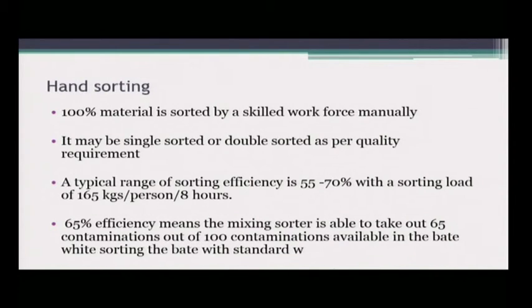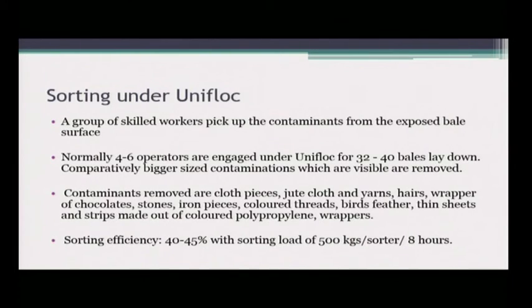65% efficiency means the mixing sorter is able to take out 65 contaminants out of 100. That is how the efficiency is calculated in this case. It is all done manually. Sorting under Uniflock, that machine which is there. Can we measure those efficiencies?